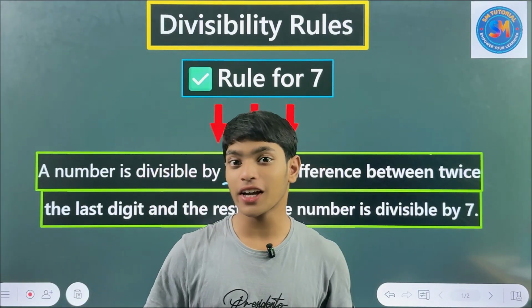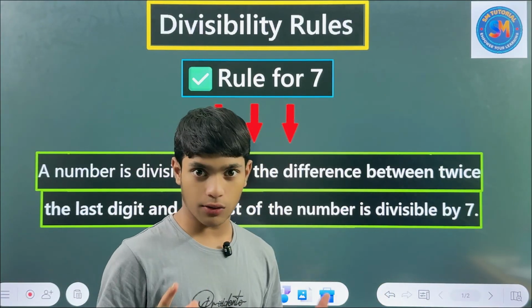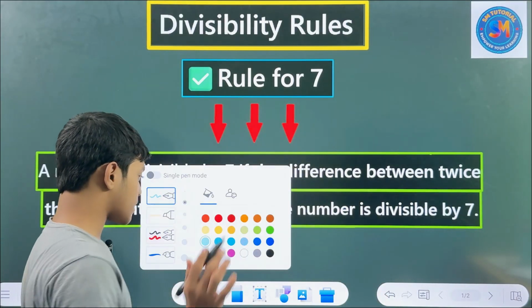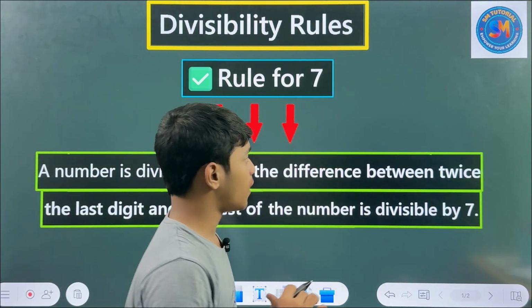I know that if I don't show you an example, you can't understand this. So of course I will show an example. Let's write one here.